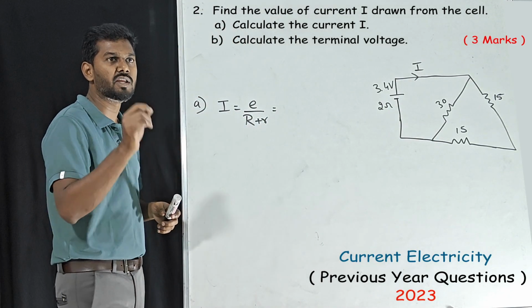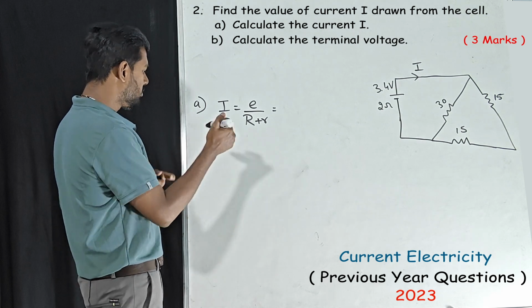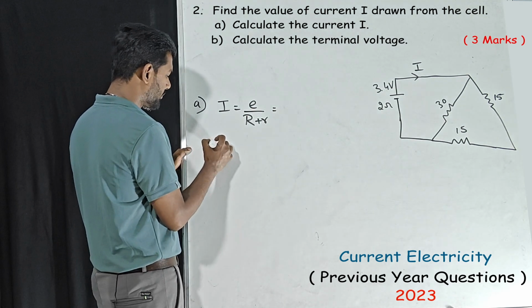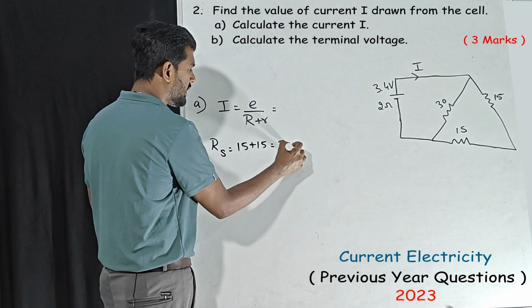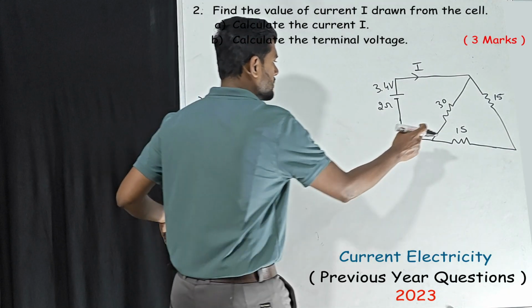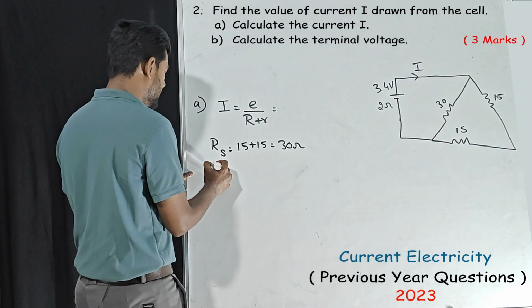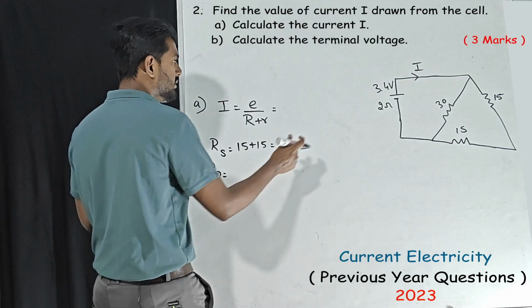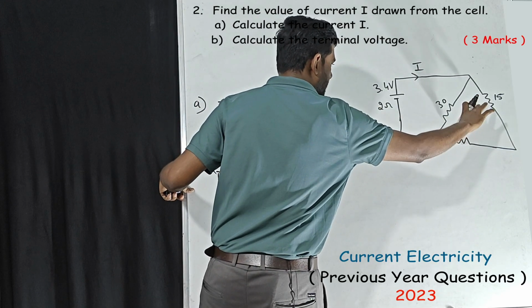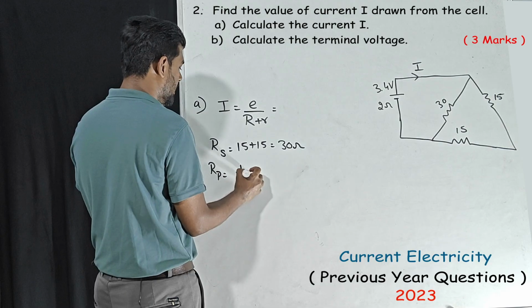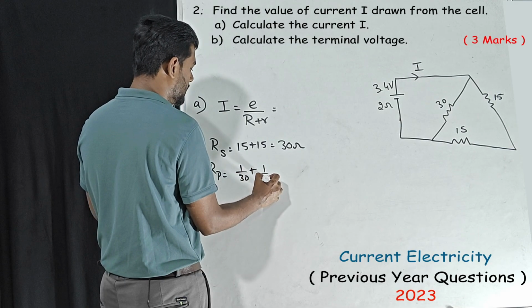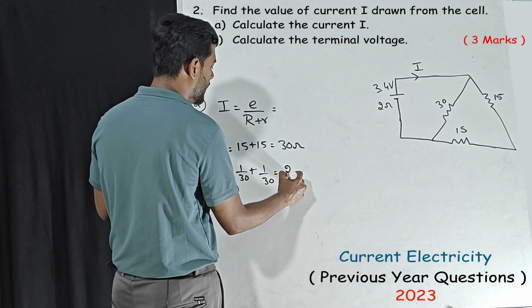Now, if you want to find it properly, first Rs is 15 and 15, that is 30 ohm, because these two are in series. Then Rp, this is in parallel with these two. These two become one resistance, that value will be 30. Then 1 by 30 plus 1 by 30 will be equal to 2 by 30.